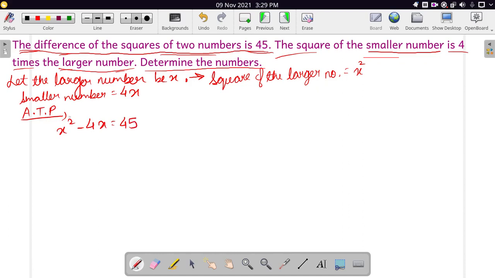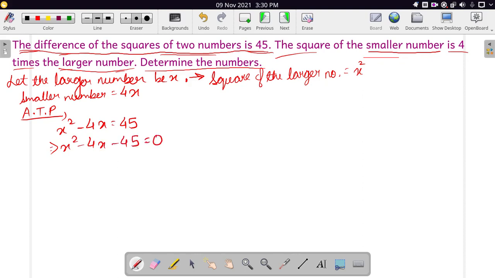It's very simple because when we wrote 4x, we had already considered that the number is a squared number. So the difference is 45, that's what we have been asked. Now this is x square minus 4x minus 45 is equal to 0.